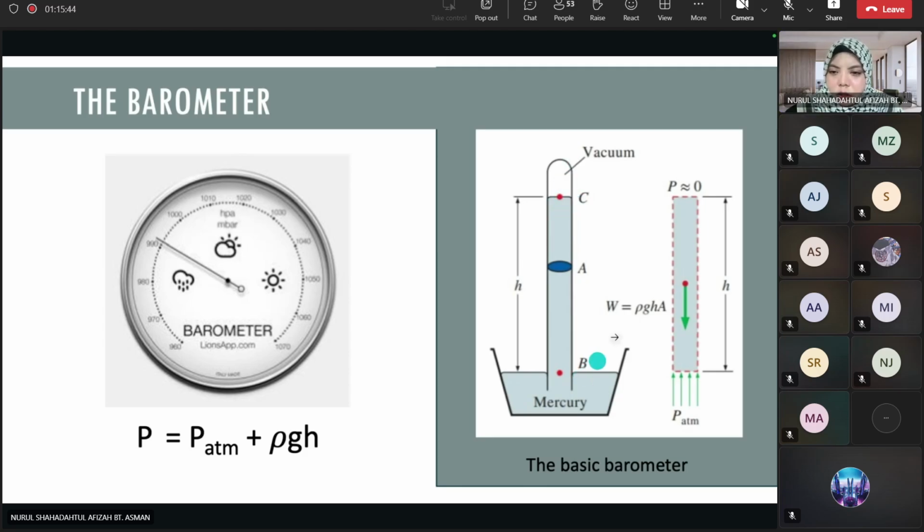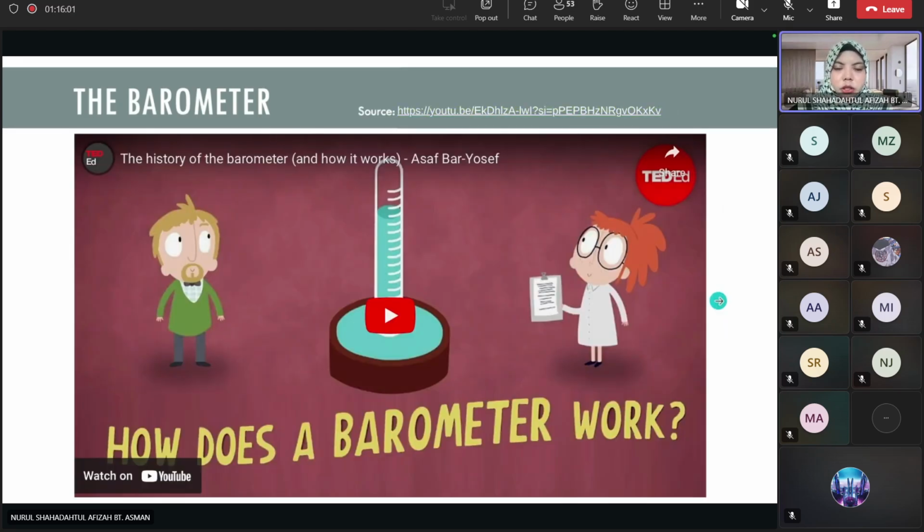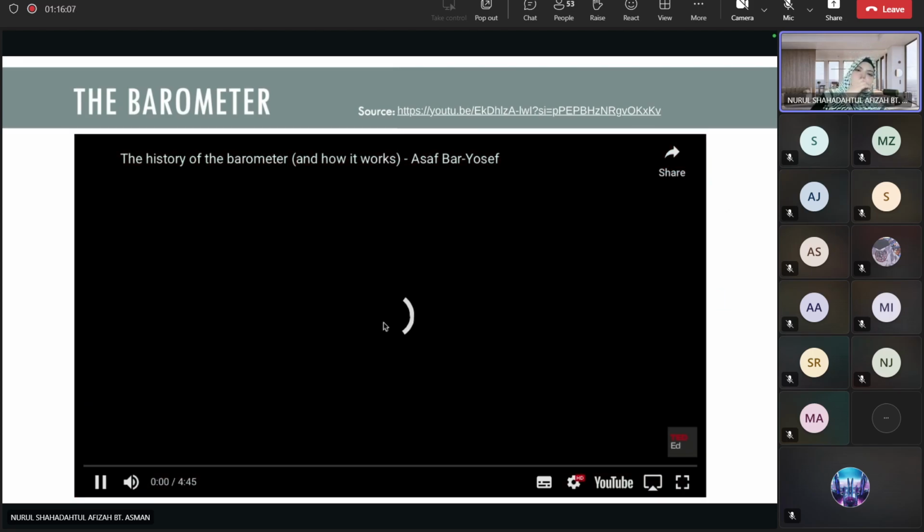And the surface of the water is at atmospheric pressure. W equals mg, which is also ρghA. You can try to do the exercise later, so you can see the videos.